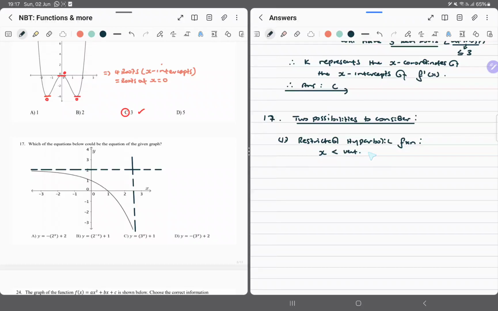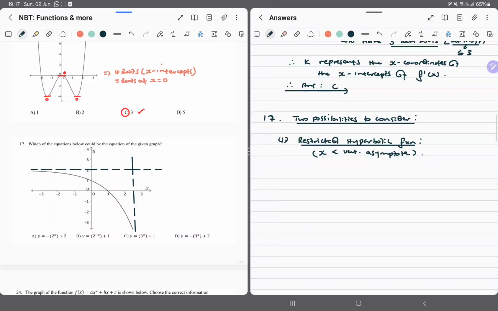Vertical asymptote. Okay. So that would be the restriction for this possibly a hyperbolic function, because we know we would have this graph here and then another graph there. But this would be values greater than the horizontal asymptote. So this one is missing.